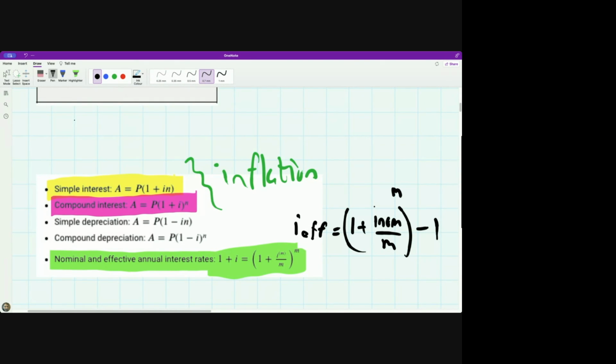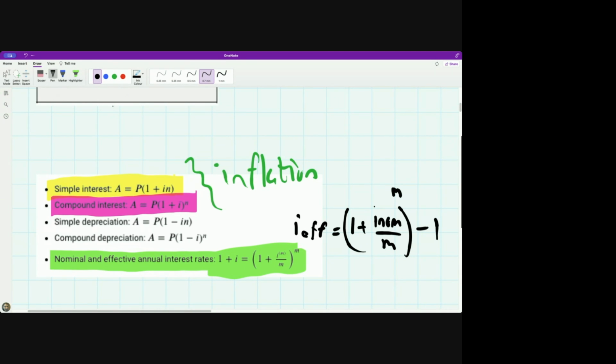Now that looks a bit weird, but the m is just like, if it's per month, the m would be 12. If it's per quarter, the m would be 4. So this is just basically the way that we break it up. The nominal rate is the rate per annum normally, and the effective rate is the rate that includes the effect of the compound interest. But we'll come back to that in a later lesson.